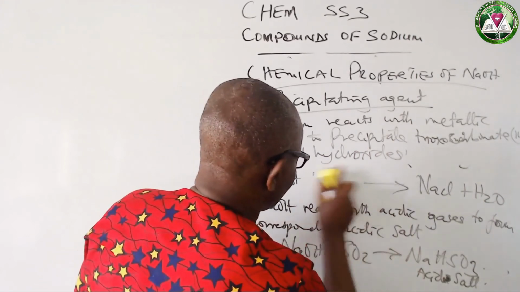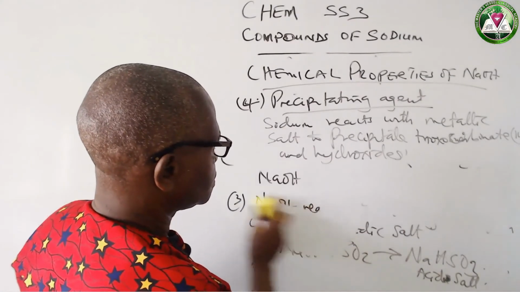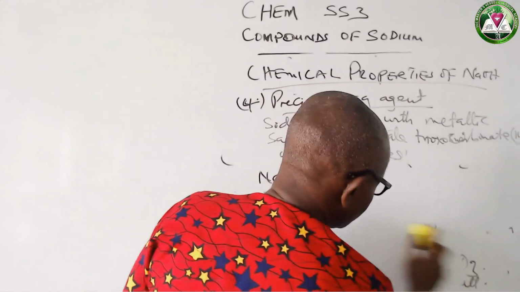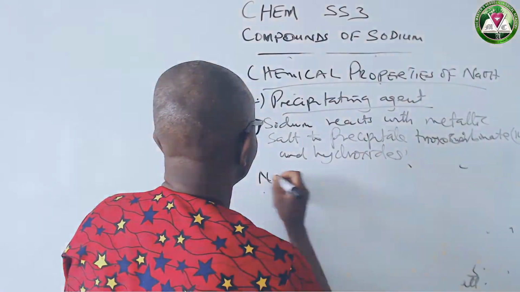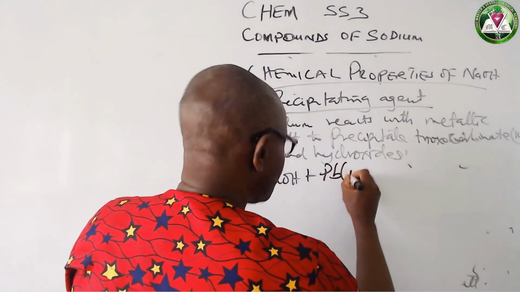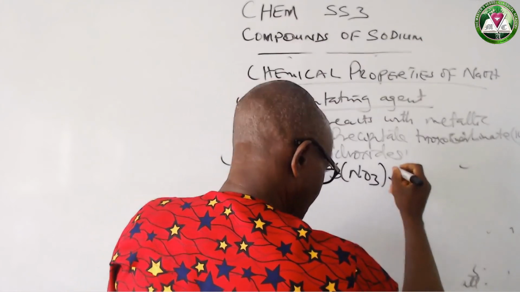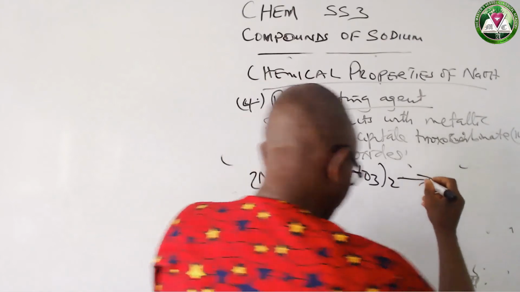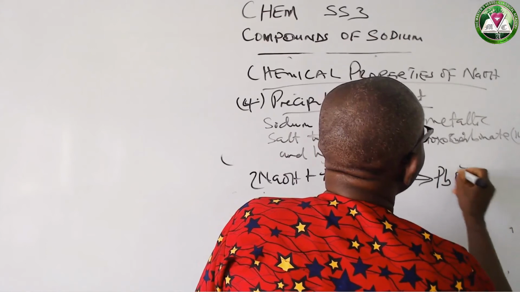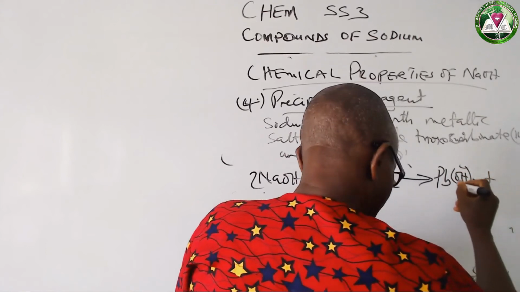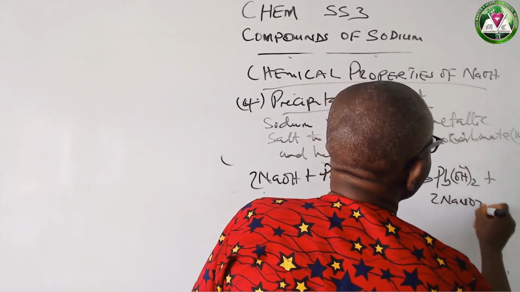For instance, when you react sodium hydroxide with metallic salt, Pb(NO3)2, we have Pb(OH)2 plus 2NaNO3.